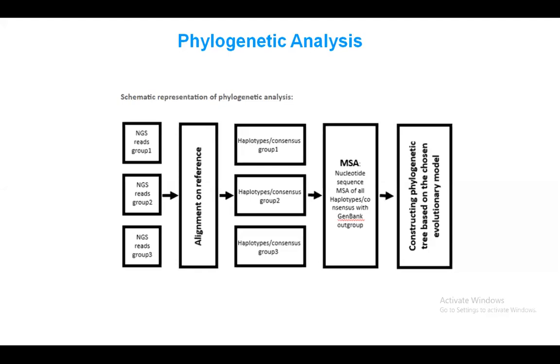Here you first need NGS reads data, then you align to the reference genome. Based on that you generate your haplotype and consensus, then perform multiple sequence alignment, and finally different phylogenetic tools generate a phylogenetic tree for the evolutionary model.